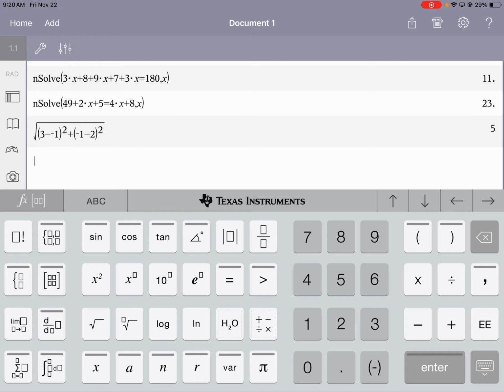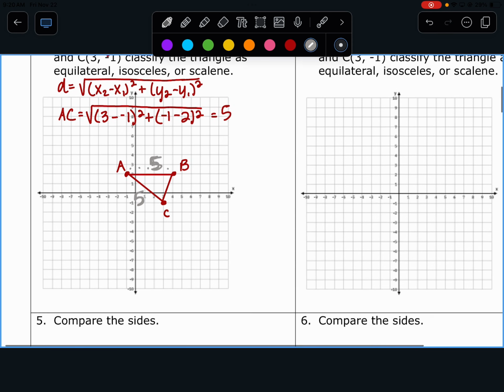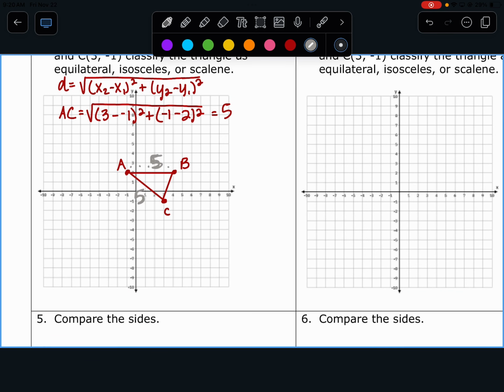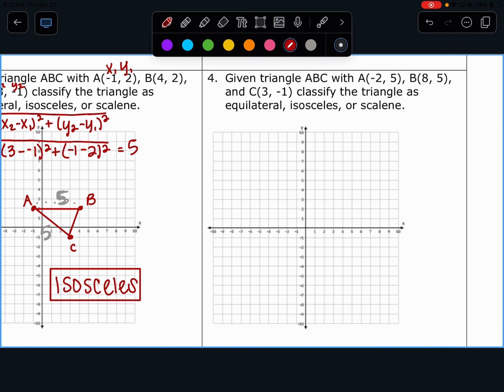All right, and we get 5. So that means this side is also 5, and we know BC is shorter. We can just look and tell. So this is isosceles. If you're not 100% sure about BC, you can just do the distance formula again. All right, number 4, given triangle ABC, classify. Go ahead and try that on your own.